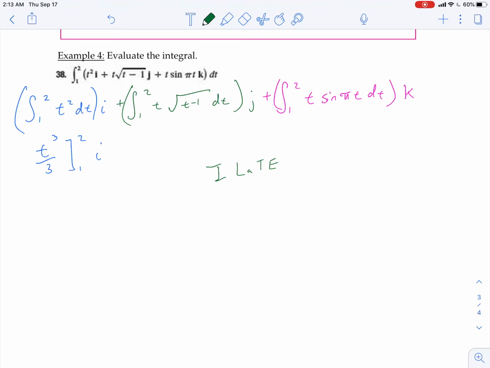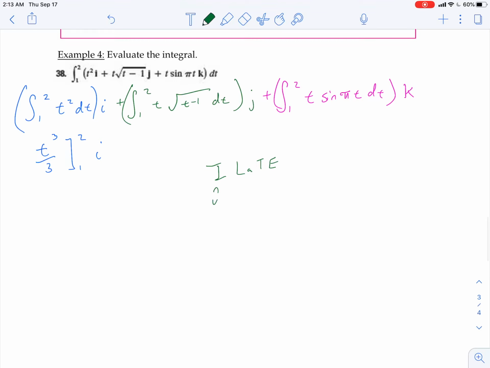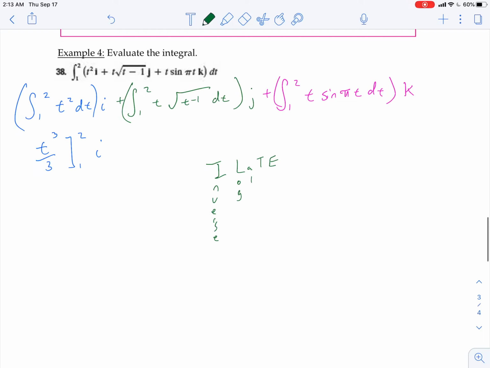That kind of helps you determine how to attack it. ILATE stands for inverse, then logs, then algebra, then trig, and then exponentials. We kind of go in that order. If we ever have inverse or log, we would go ahead and do integration by parts. But we don't have inverse or log.